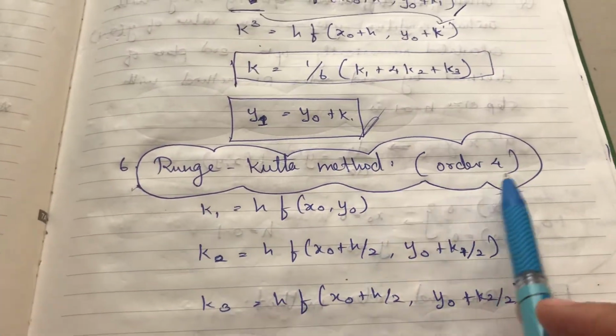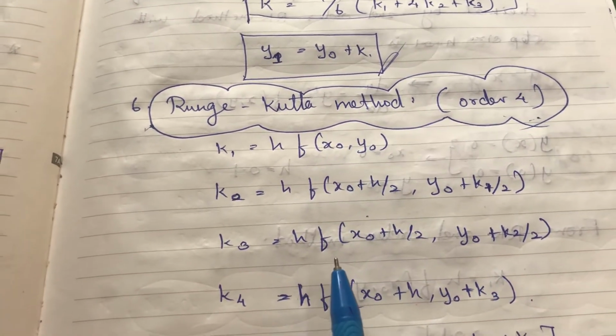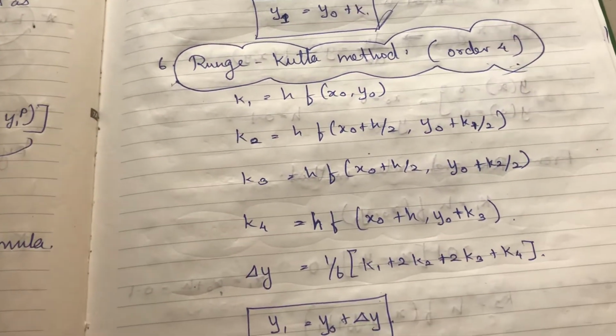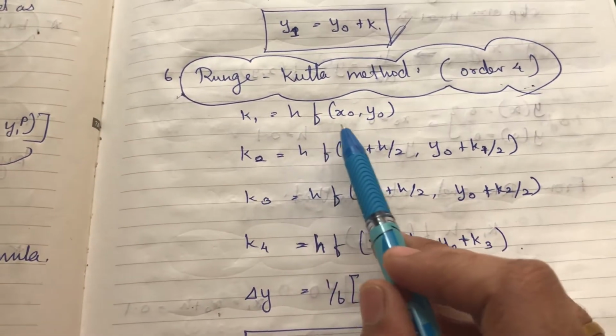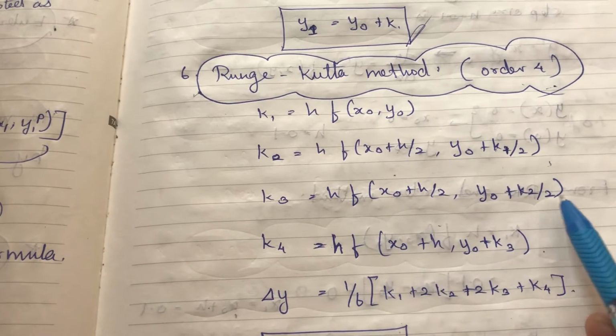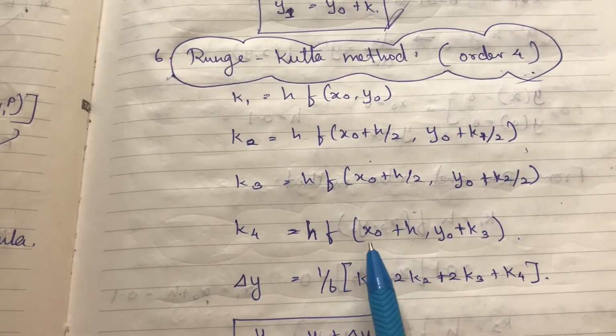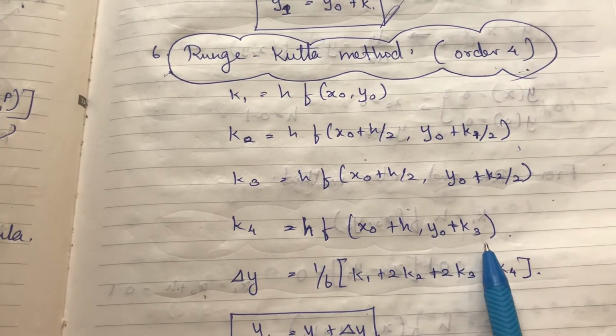Next one is Runge-Kutta order 4. So it has the same equations here. h into f of x naught, y naught, h by 2, k1 by 2, h by 2, k2 by 2. So it's just increasing, and k4 will be x naught plus h, y naught plus k3.